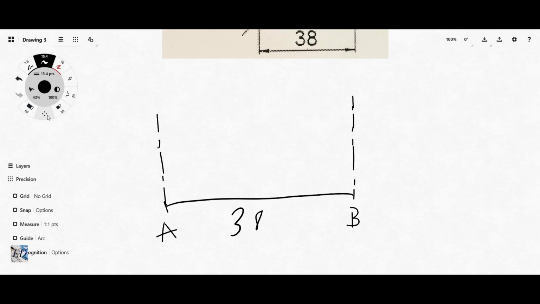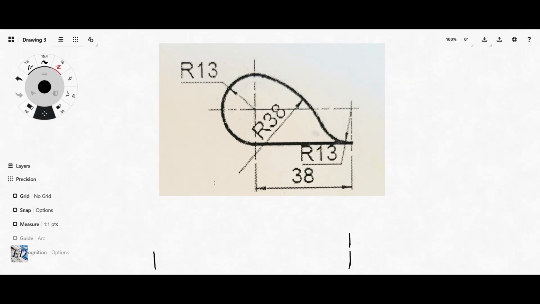From the tangency rule that states the relationship between a circle and a straight line, we always say that the distance between the center of the circle and the point at which the line touches the circle is the same as the radius.